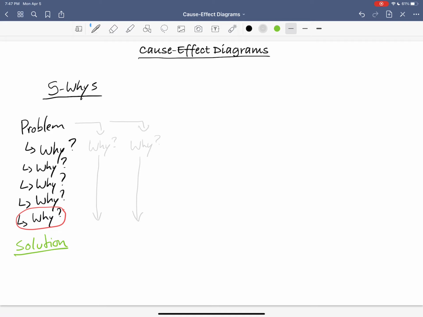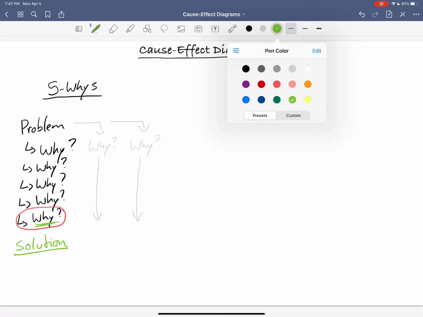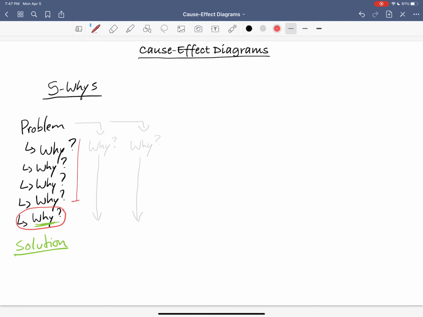Second, the last why is typically the one that's focused on in terms of a solution. But that means people also skip over the first 4. And there's no reason why you can't also action one of these first whys as well as the last one.